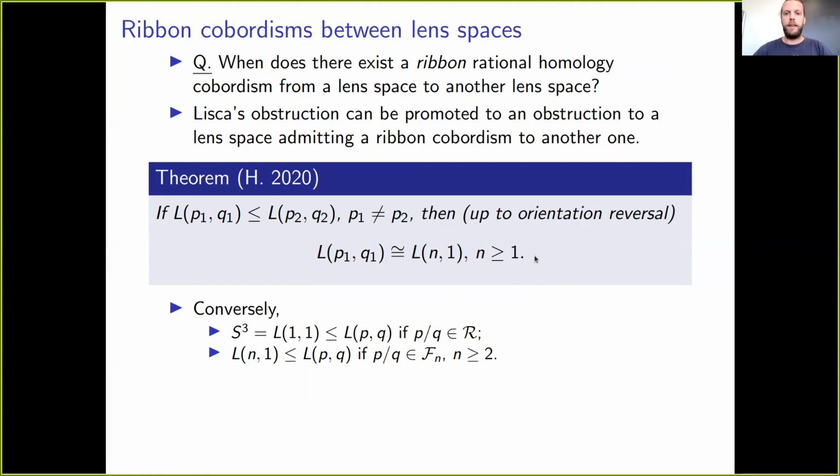And similarly, if n is greater than or equal to 2, so if we start out with L(n,1), there is a ribbon rational homology cobordism to any other lens space that even stands a chance at being rational homology cobordant to L(n,1).